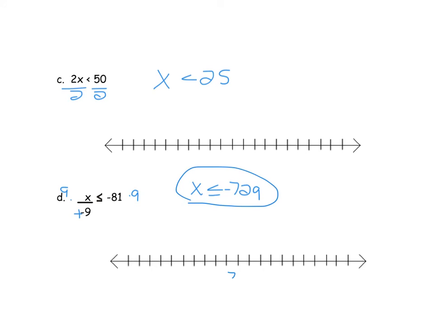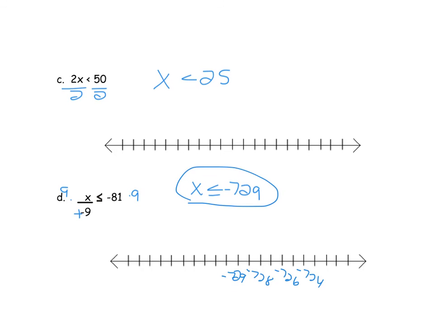So if you have, for example, negative 729 here, the next number up would be negative 728 because it's only 728 spaces away from 0. And then we'd have negative 726, and we're going to skip, and negative 724.